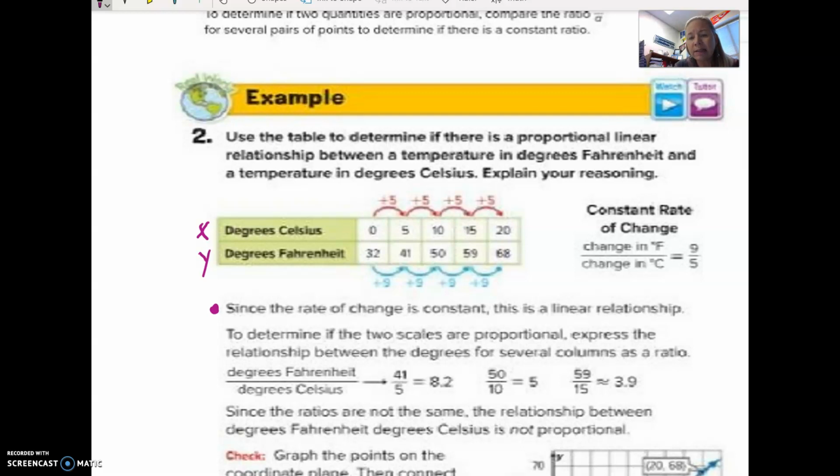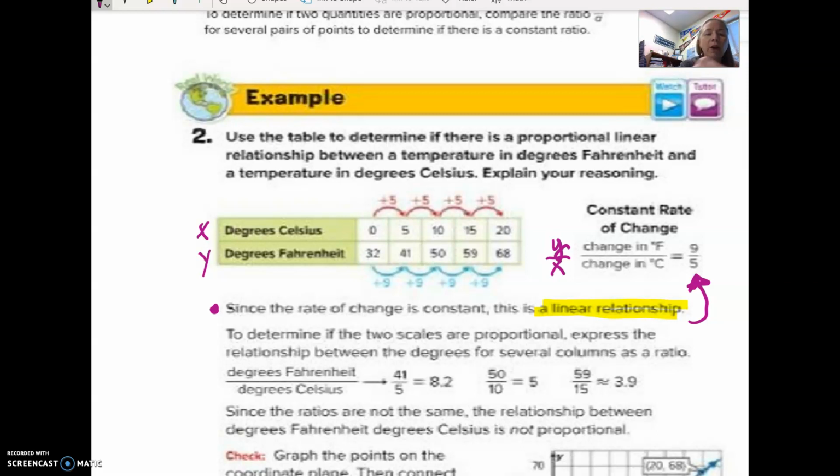And when I look across, I can see my x is going up by 5 each time, and my y is going up by 9. So because it has that constant rate of change, we can say that it is a linear relationship. Now, if it's a linear relationship, we can write our constant rate of change as a fraction. In this case, it's always going to be your y over your x. So 9 over 5 would be our constant rate of change. That's the pattern that we see.